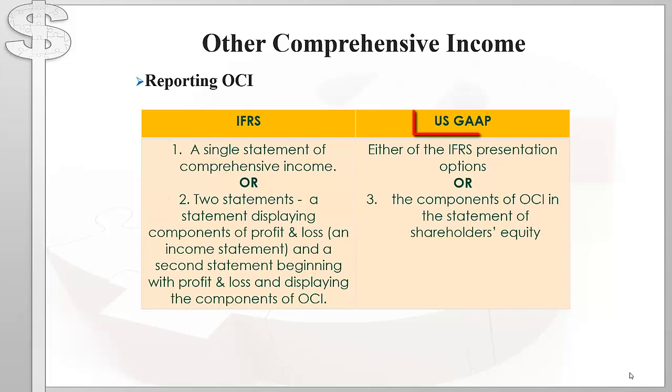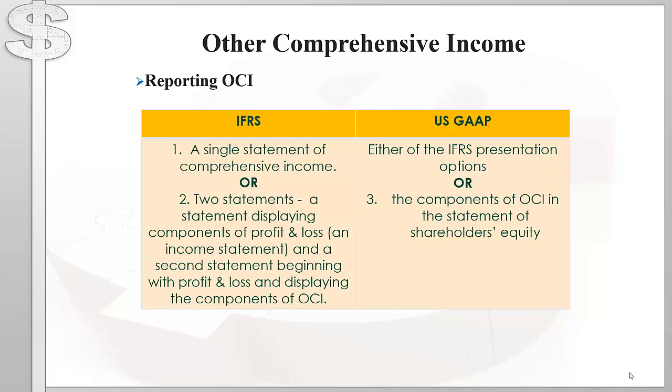The US GAAP provides yet another option. Companies can report their OCI as a column in the statement of shareholders' equity. Under the US GAAP, companies can use either of the IFRS options or use this third option.